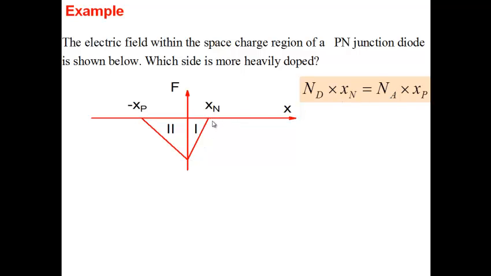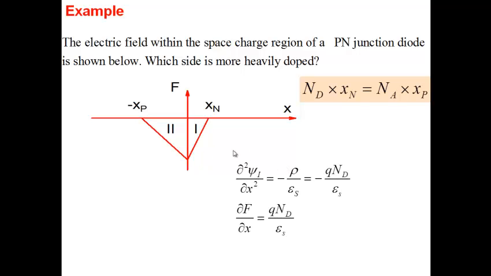What does the slope here indicate? If you see electric field versus x, what does the slope indicate? Note this equation. The slope of the electric field is equal to qNd by es. That's what the slope is equal to. And the slope here, qNa by es.